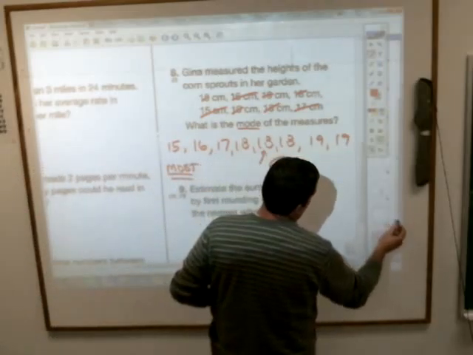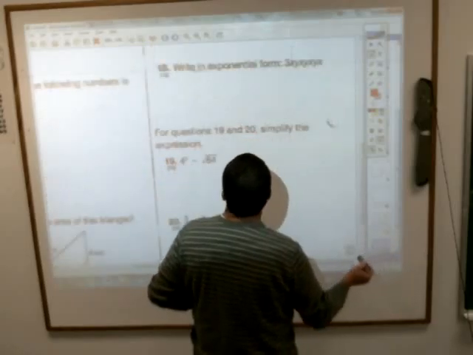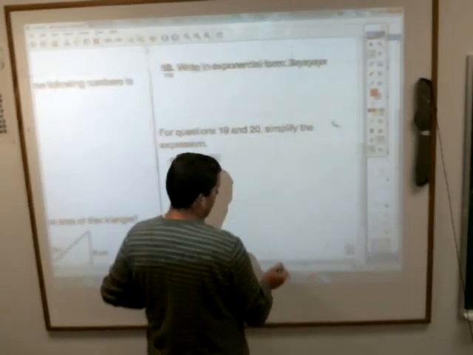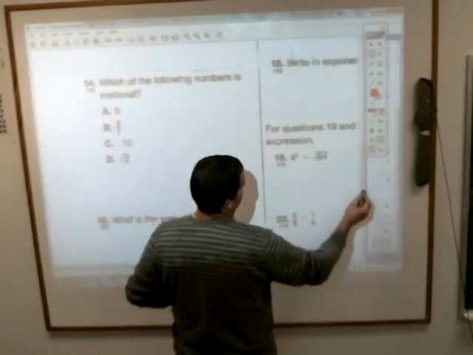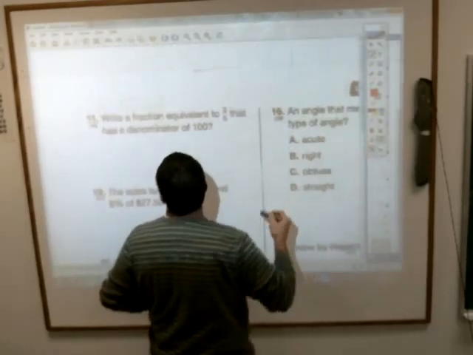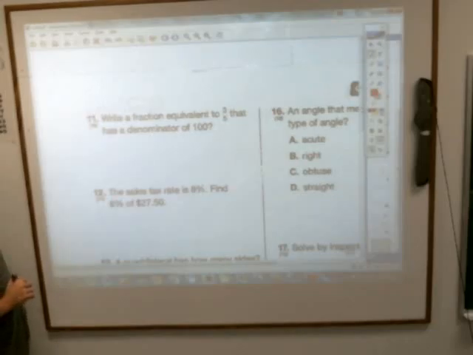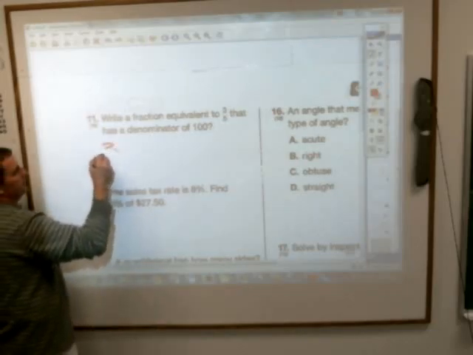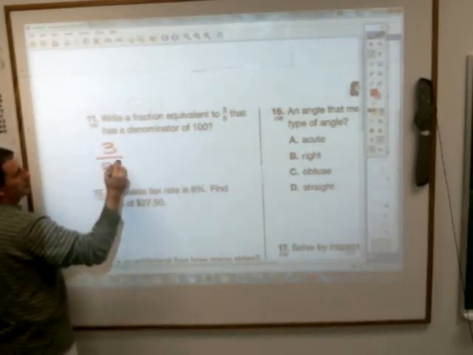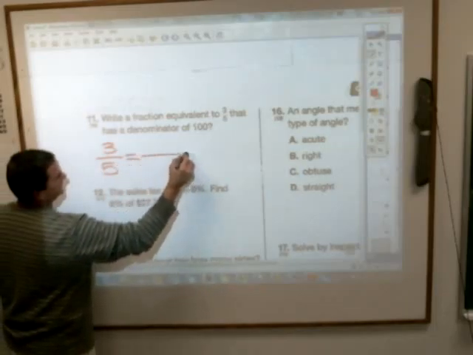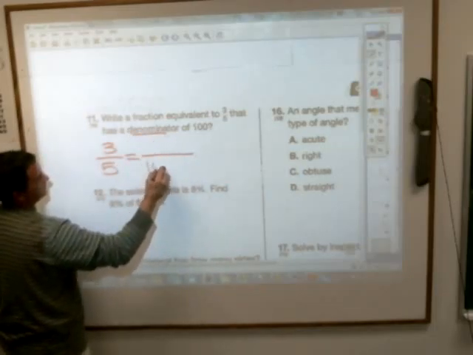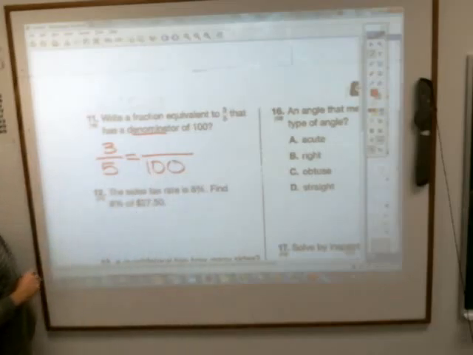Odds are relatively good, if I can find them. Write a fraction equivalent or equal to 3/5 that has a denominator of 100. I want a fraction equal to 3/5 that has the bottom equal to 100.